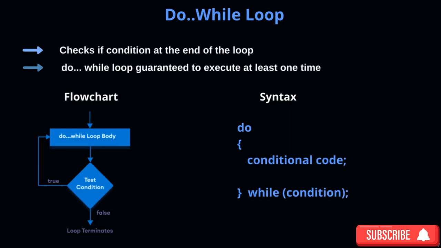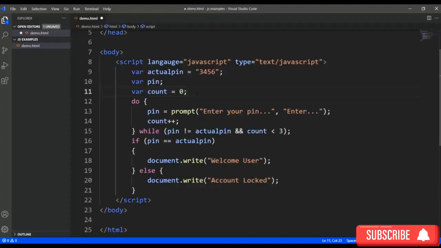Now let's see practically how we can write a basic code using do while. Here is an implementation of a do while loop. As I said earlier, a do while loop will be used when we want to execute a loop as per the user's interaction. Here I'm taking a PIN number from the user, and 3456 is the correct PIN I am seeking.